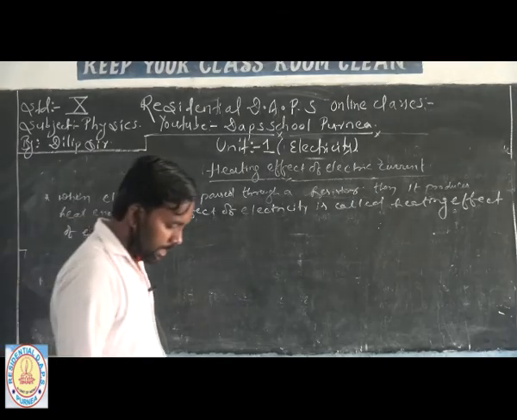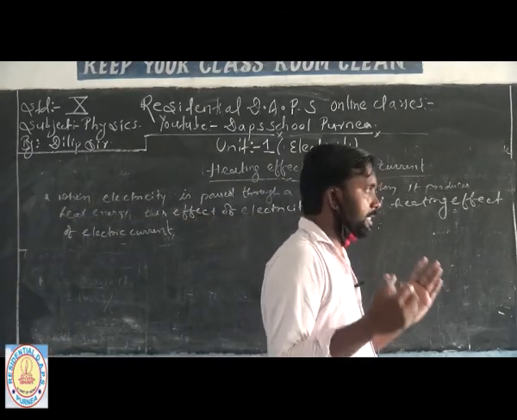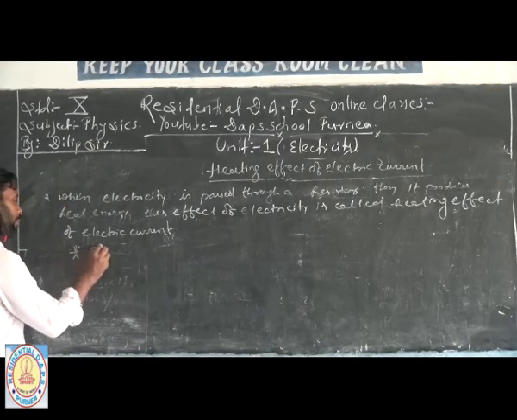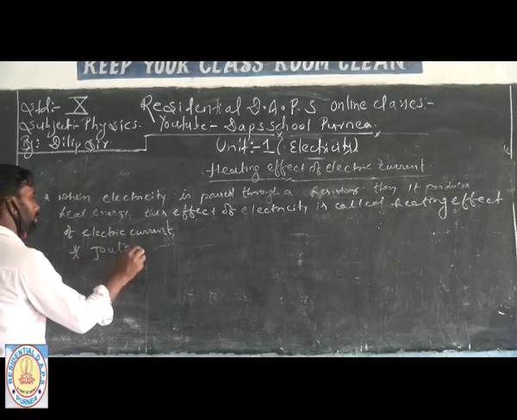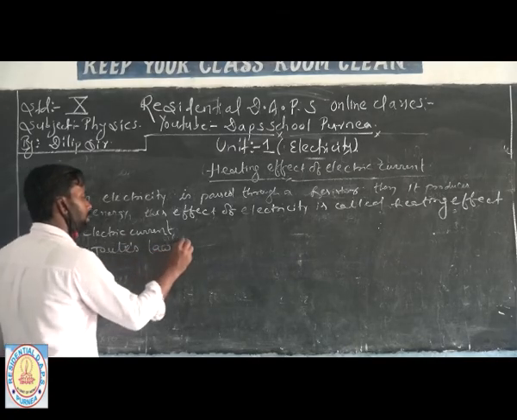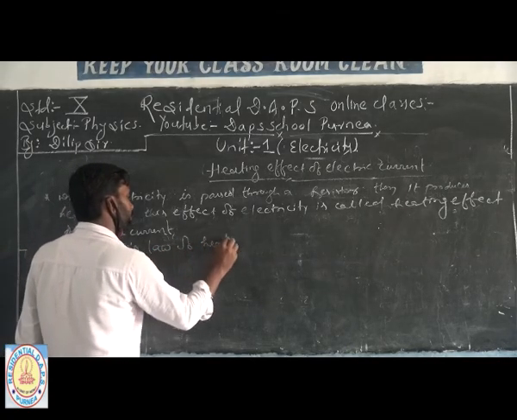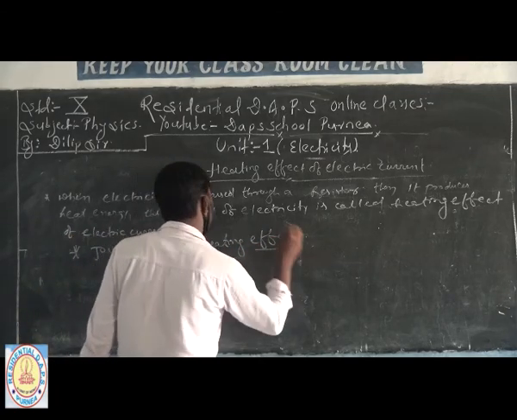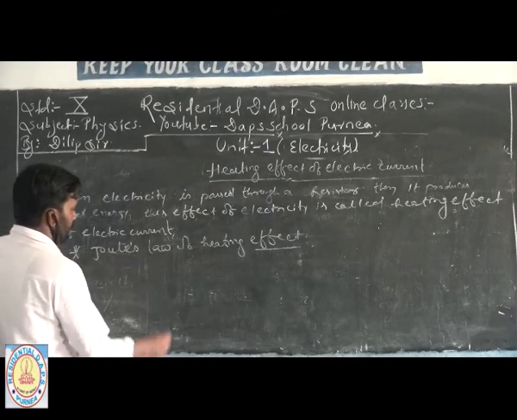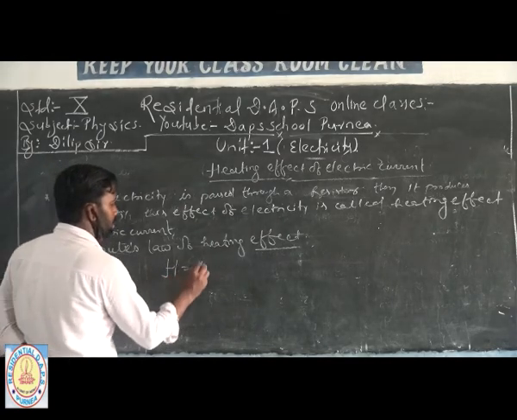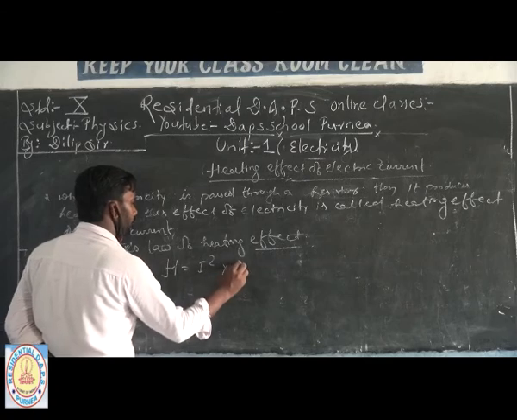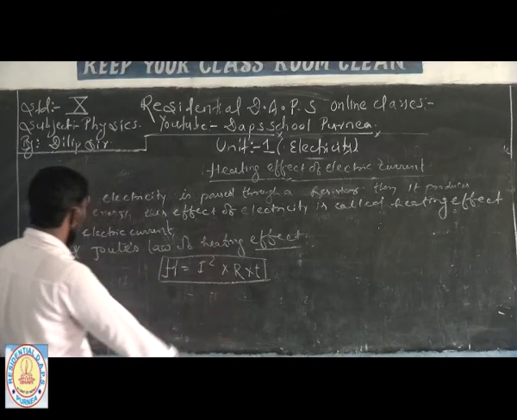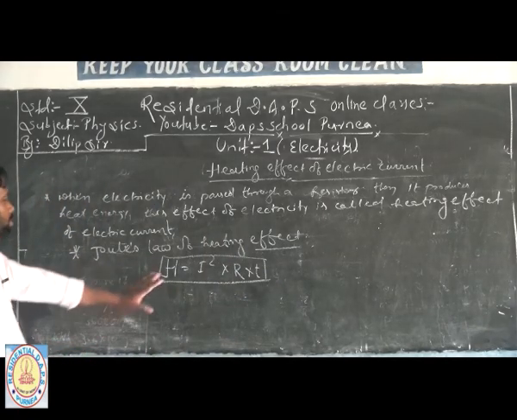Now, this effect is explained by Joule's law of heating effect, which is very popular, and we will explain it now. It is the formula H equals I square R T. It is given by Joule's law.